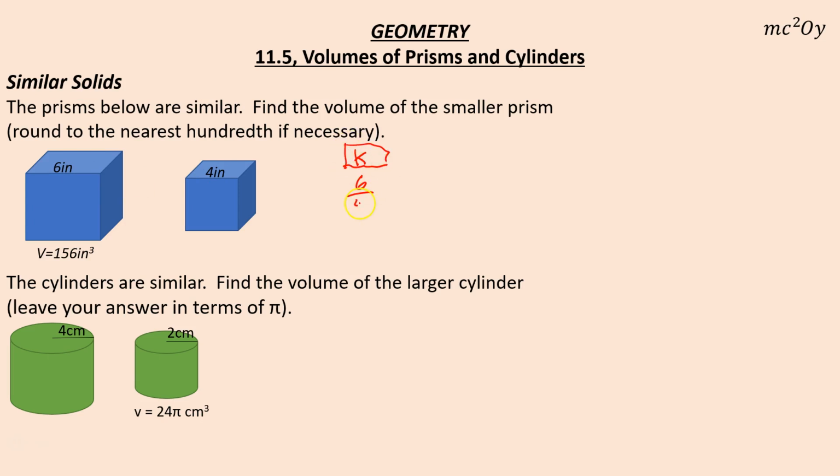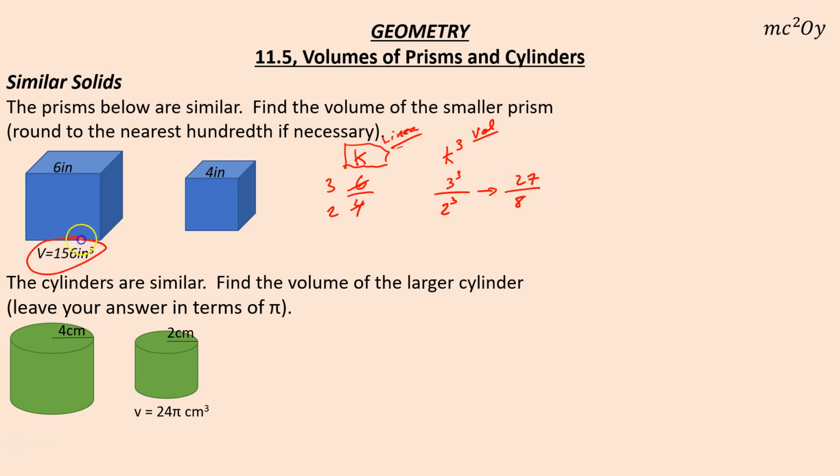So K is 6 to 4, which, by the way, can be reduced to 3 to 2. K cubed, the volume, so this is our linear, like our sides. K cubed, our volume, is equal to 3 cubed over 2 cubed, which is 27 over 8.